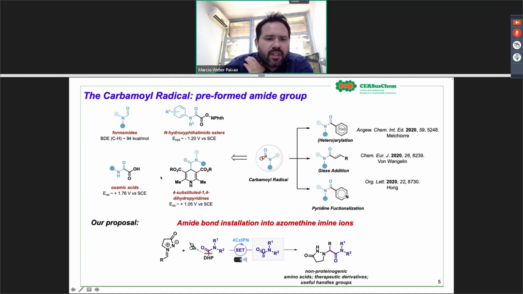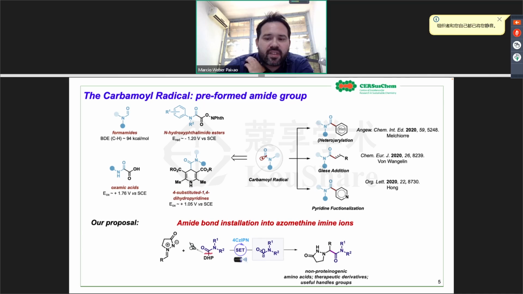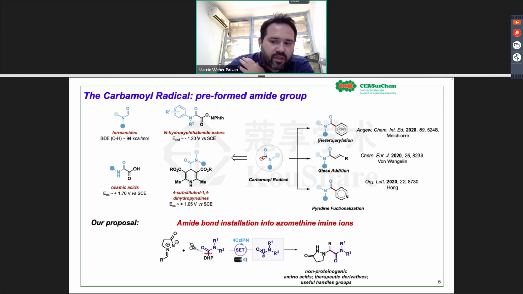Among these precursors, those like dihydropyridines have recently been applied in carbamoyl radical generation, through single electron oxidation and visible light radiation in the presence of suitable photocatalysts to provide the corresponding radical after fragmentation.